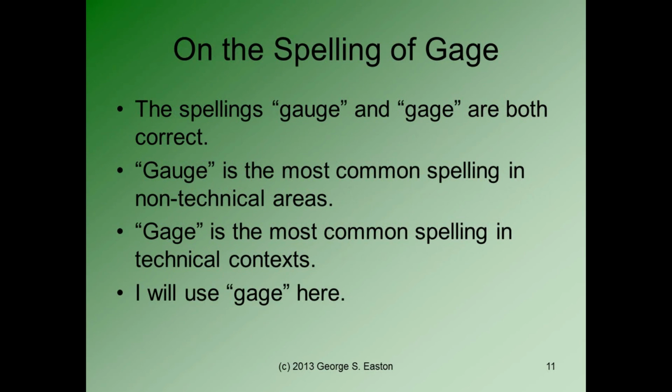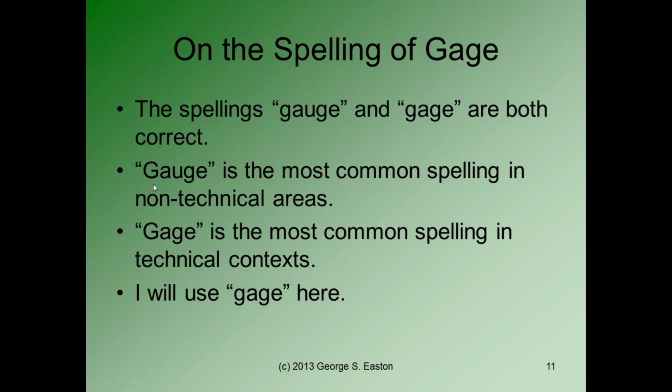Now I want to take a very quick aside here and talk about this word gauge. It turns out that there are two correct spellings of the word gauge. One of them has a U in it and the other one does not. Both of these really are correct if you look them up in the dictionary. The spelling that uses the U is the most common spelling that people use in practice, in real life, I should say common life.